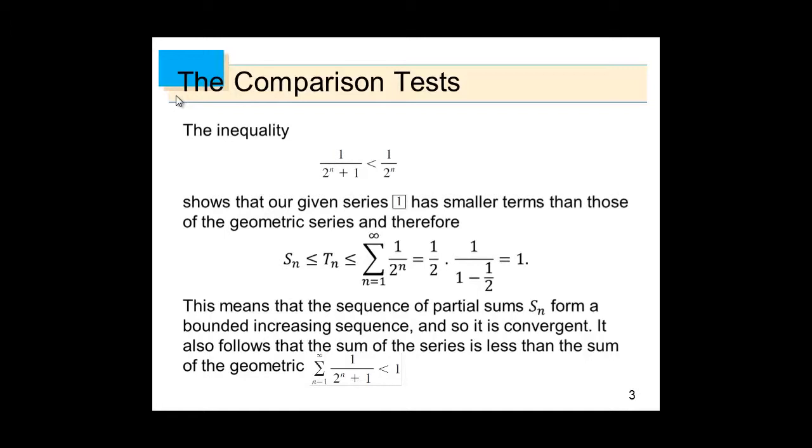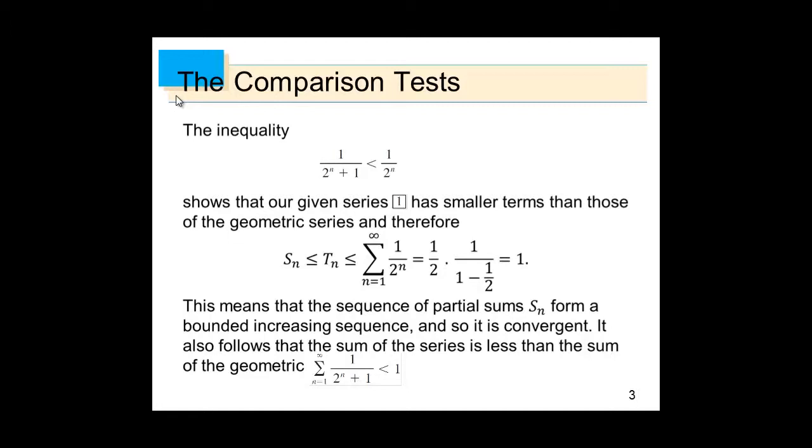That implies that the nth partial sum of the first series is smaller than the nth partial sum of the second series, because each term in Sn is smaller than the corresponding term in Tn. You guys realize that? Everybody is okay with that. So Sn is smaller than Tn. Remember, nth partial sum means we're adding the first n terms.